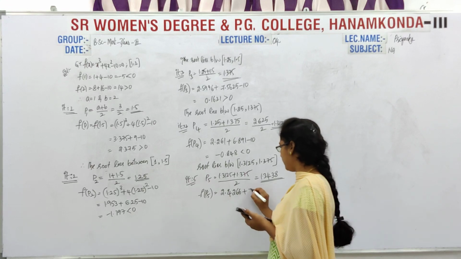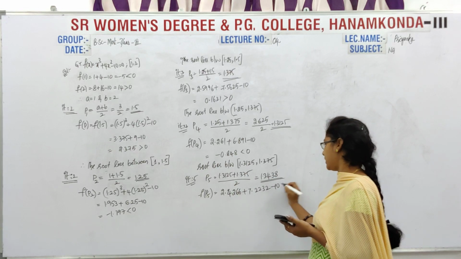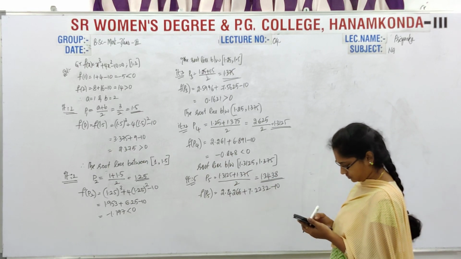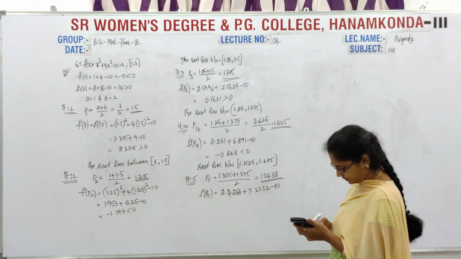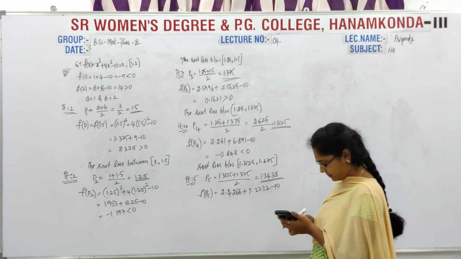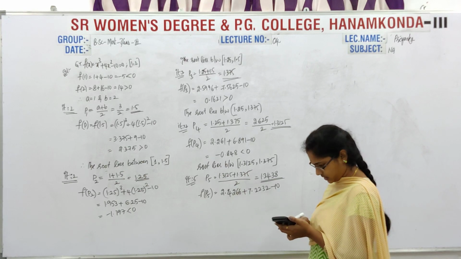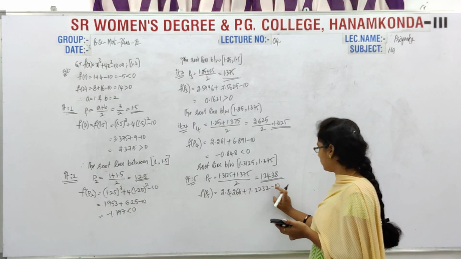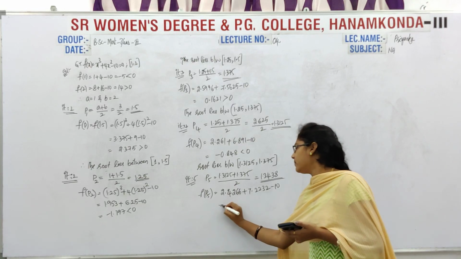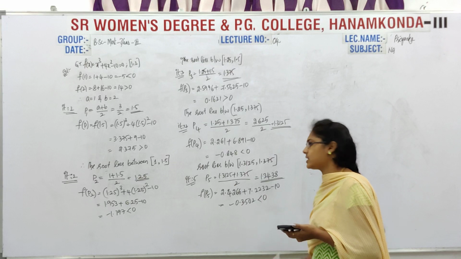Now it is plus 7.2232 minus 10. Now 2.4266 plus 7.2232 minus 10, which is nothing but minus 0.3502. Again it is less than 0.